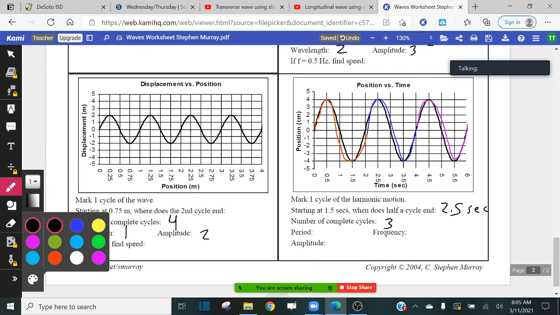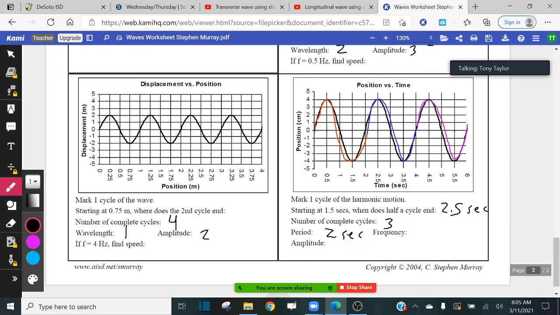So guys, what is the period? Remember, period just means the number of seconds in one cycle. If we look at our curved line in red here, that represents 1 cycle. What is the period for that curved line? If you notice, it's 2 seconds. So the period is 2 seconds.